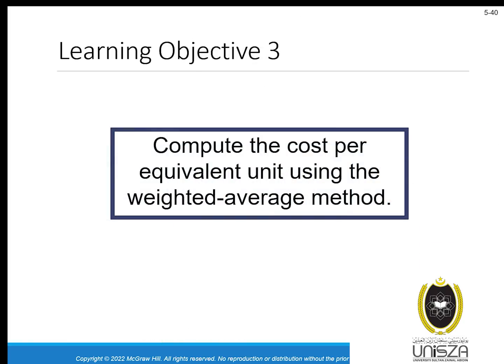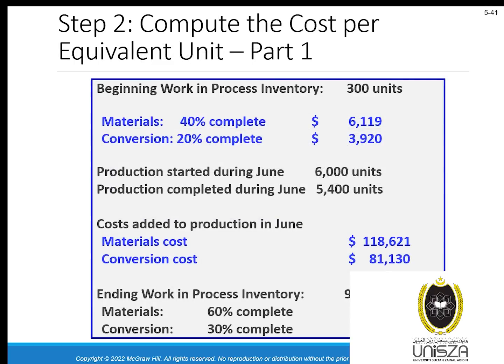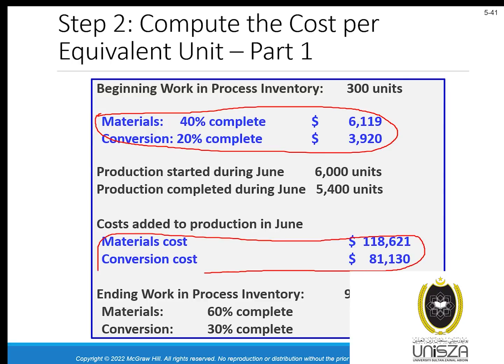Alright, next, compute the cost per equivalent unit using the weighted average method. Previously, we just calculated the equivalent units, and now we're going to compute the cost. This is all the information: the detailed cost for materials for the WIP, the cost added during the production of June, and another piece of information about the WIP inventory.